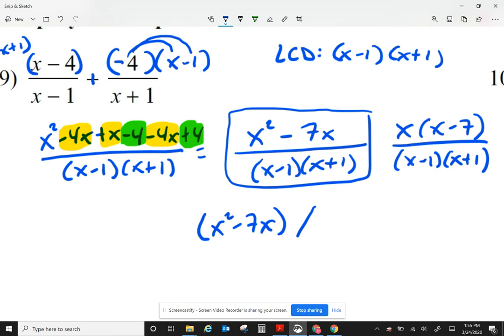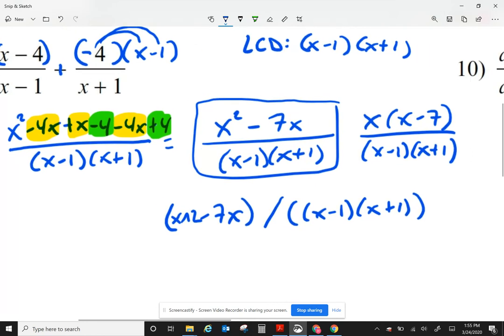Now, at the bottom, I have two sets of parentheses, so I'm just going to write x minus 1 and x plus 1. Well, I forgot to mention that on the top, the x squared is x to the 2, right? X squared minus 7x over x minus 1, x plus 1.